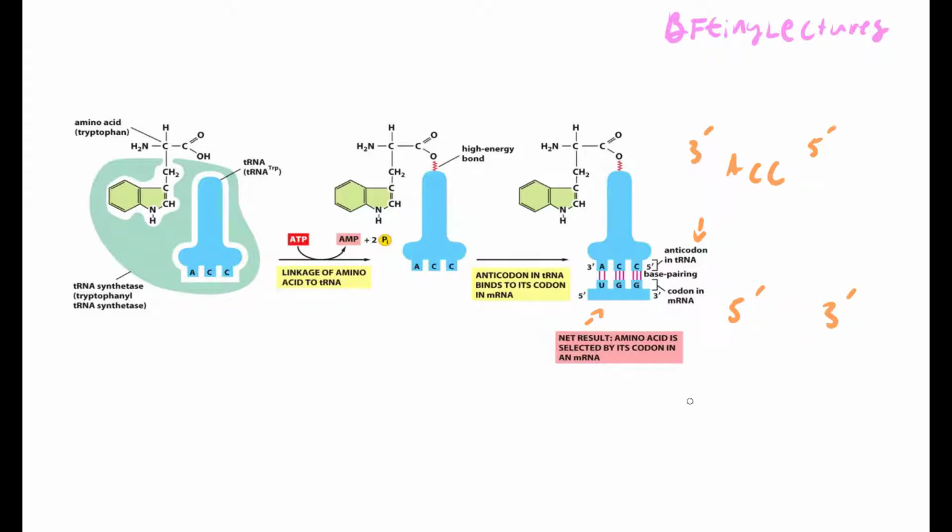So this is the mRNA, and this is what actually makes the amino acids. So we will have U, G, G. And UGG actually codes for tryptophan.